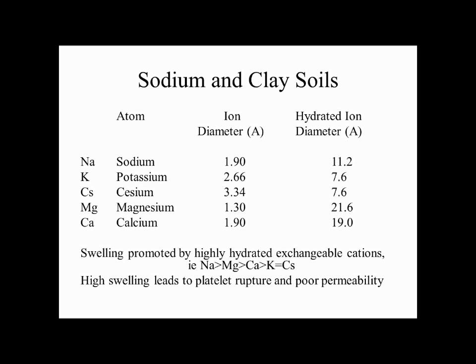If we put sodium onto those clay platelets in the soil type, we'll actually fragment them and rupture them. And as we go to sodium, there's a lot of swelling occurs. Notice that potassium and cesium are the least preferred in that series. And so, if anything, we want to put the least exchangeable destructive cation, and we want to use as little of it as possible, which is why the solutions will be very low in concentration.